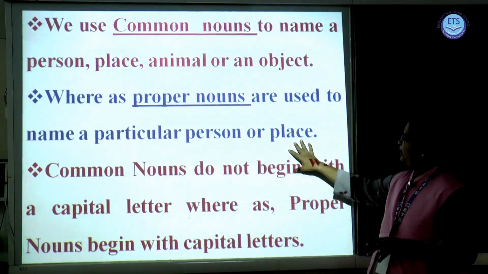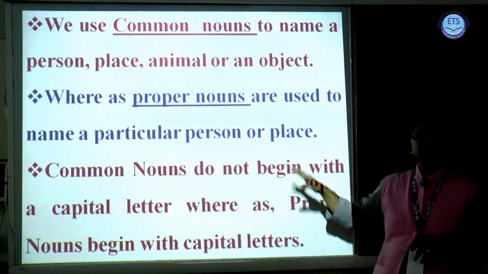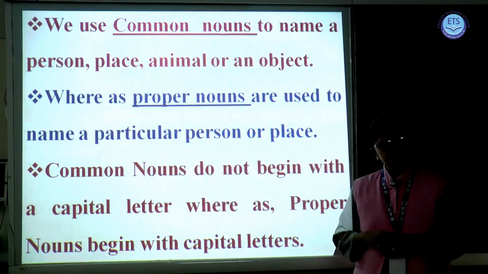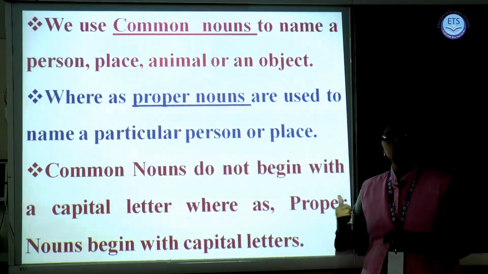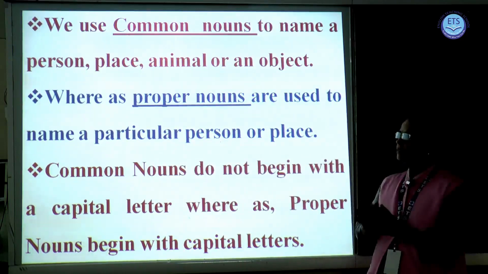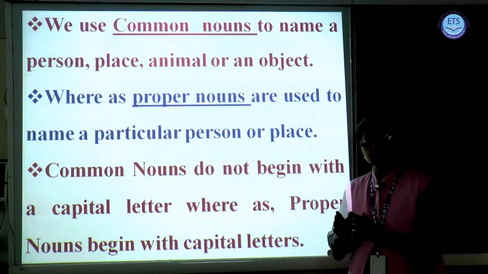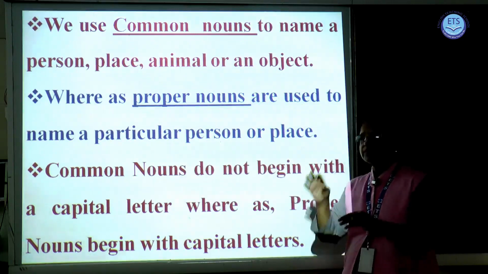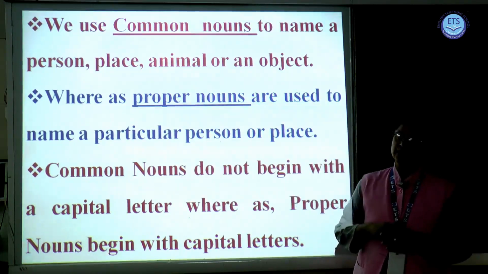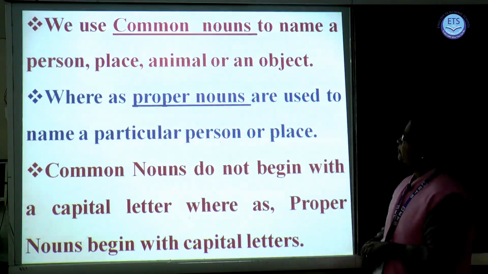In the same way, place. If I say school, school is a common noun, but when I say English Teaching School, that becomes a proper noun. So when an object, a place, animal or a thing is given a special, particular name, it is known as a proper noun.